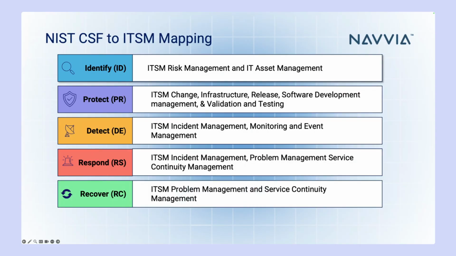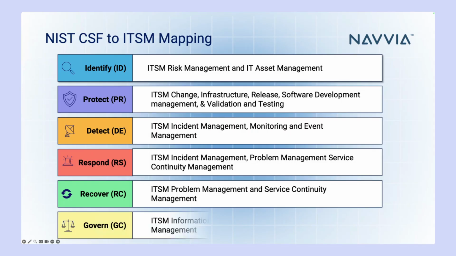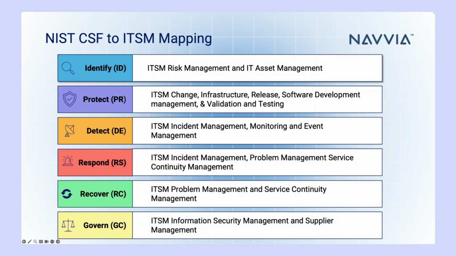Recover: again, problem management comes into play, as well as service continuity management, to go through those business continuity and disaster recovery plans. And then govern. If you look at it, there are two processes within ITSM. The information security management process is all about establishing a framework, what they call an information security management system, which NIST is one of.